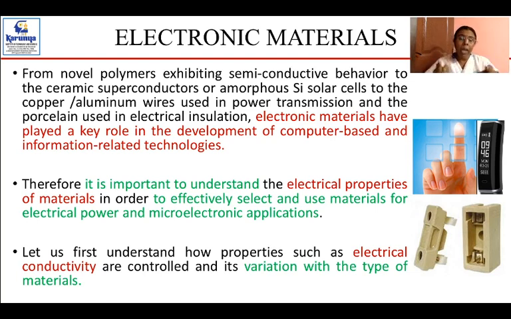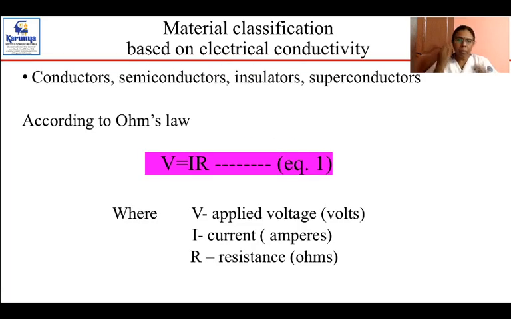And these components have to be upgraded now and then. How do you upgrade these components? By playing or working with the materials. That is why the knowledge on electrical conductivity of different types of materials would play a significant role. Now, how do you classify the materials based on their electrical conductivity?